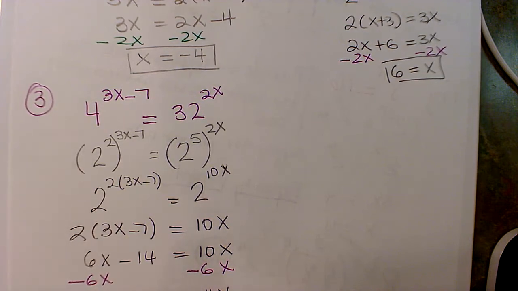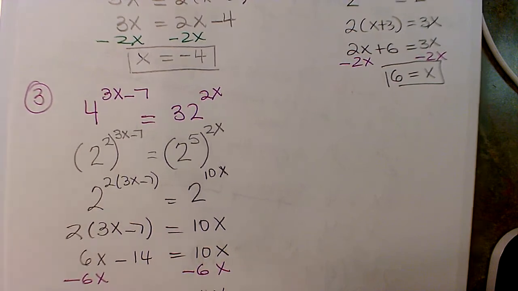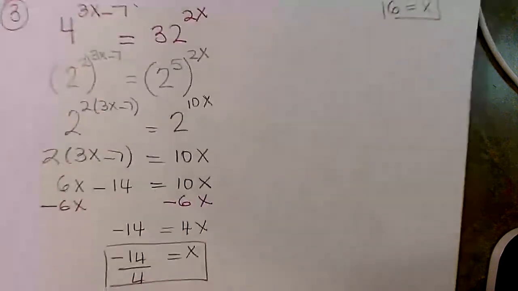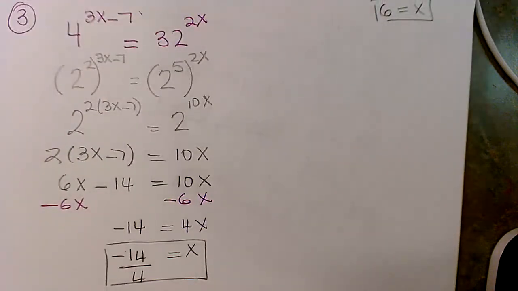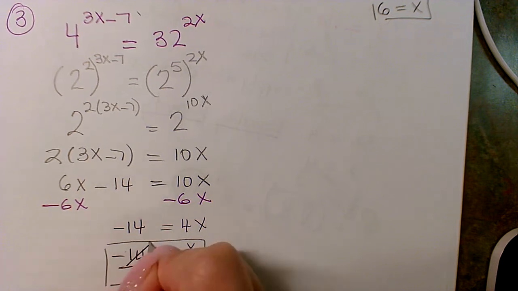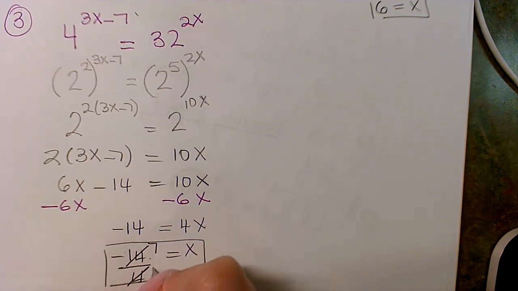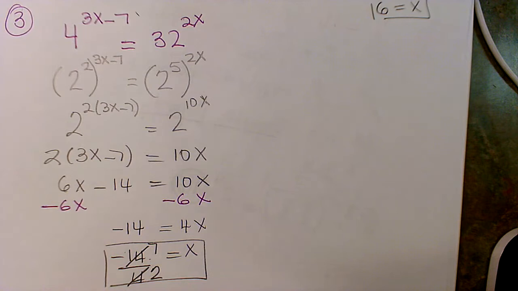So x is equal to negative 14 over 4. And this is what? Negative 7 over 2.